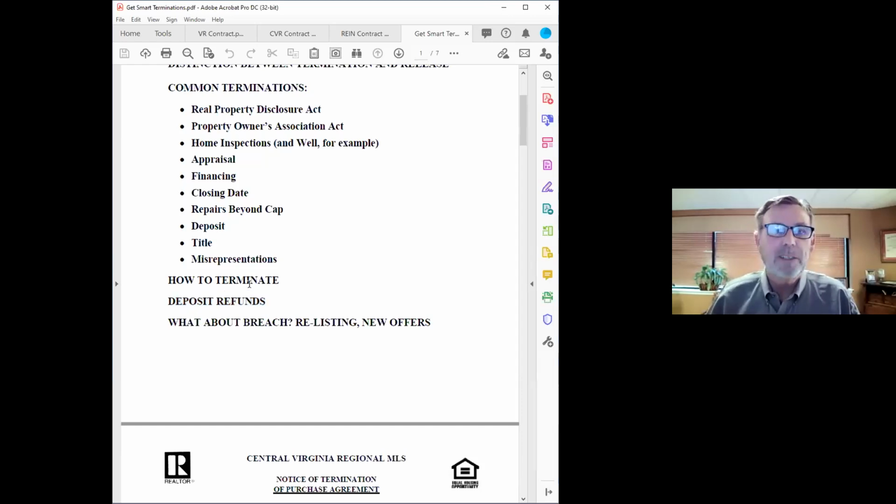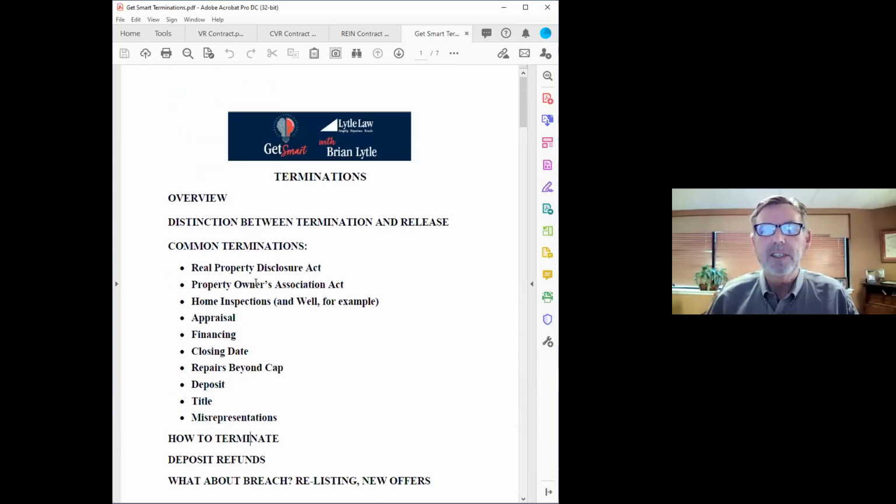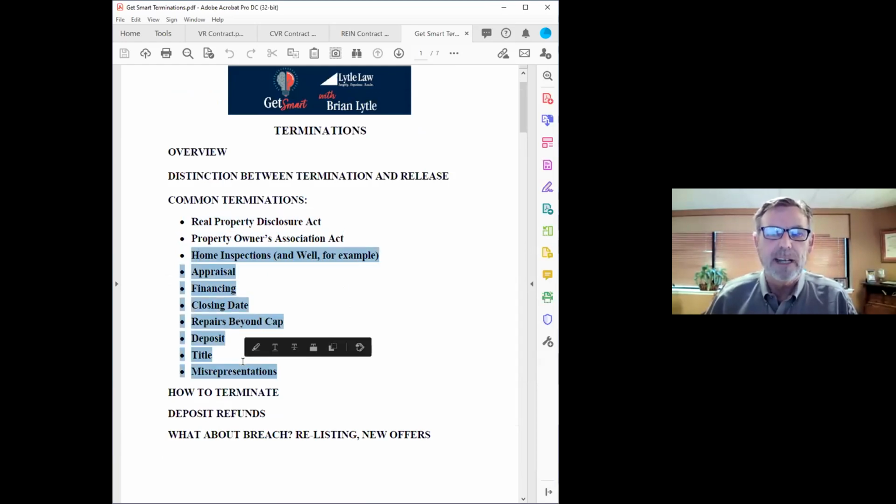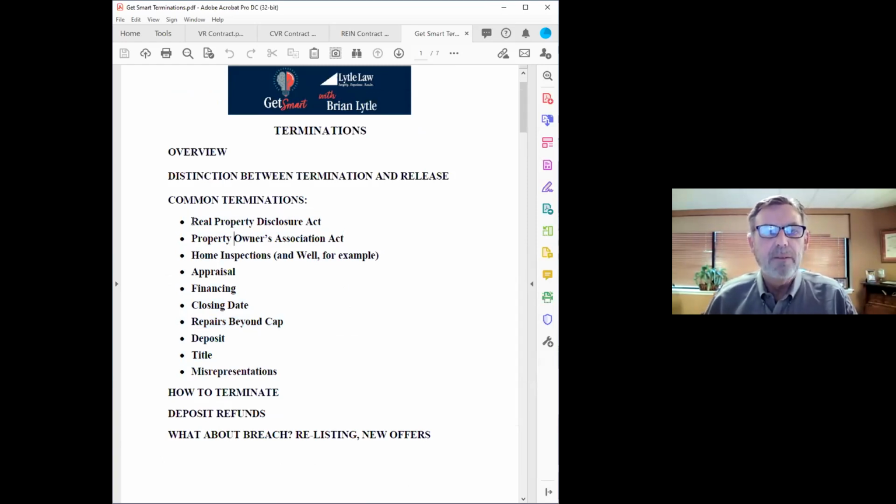And that certainly can be an issue, because, so here's the deal. Certainly in these two statutes, the Real Property Disclosure Act and the Property Owners Association Act, and then I think the language is mirrored in the contract, and actually on most of these contractual termination rights, the statutes definitely say that when the buyer terminates, the deposit is to be returned to the buyer, period.